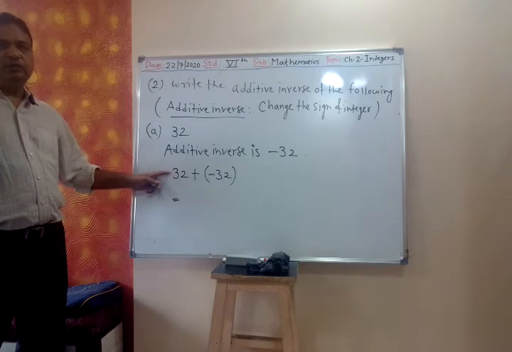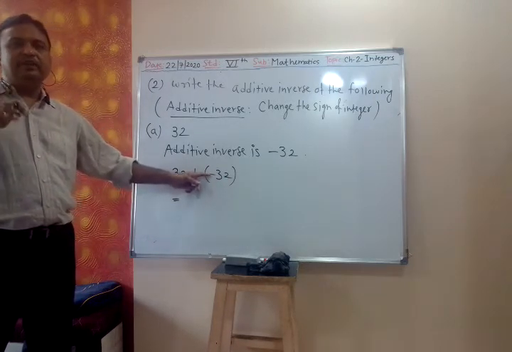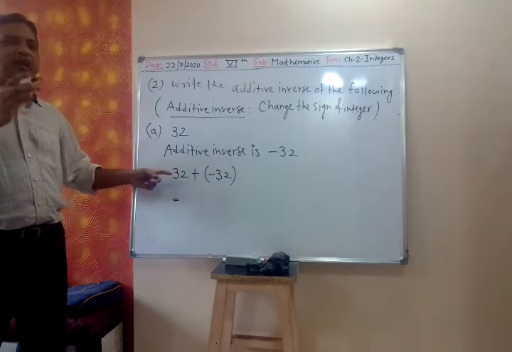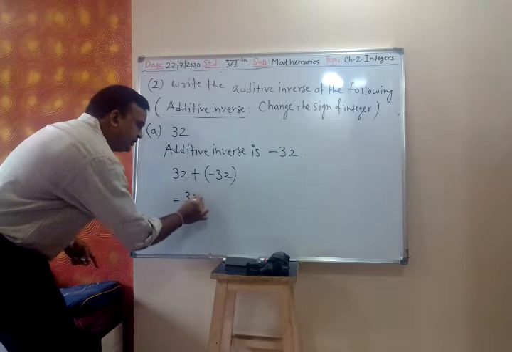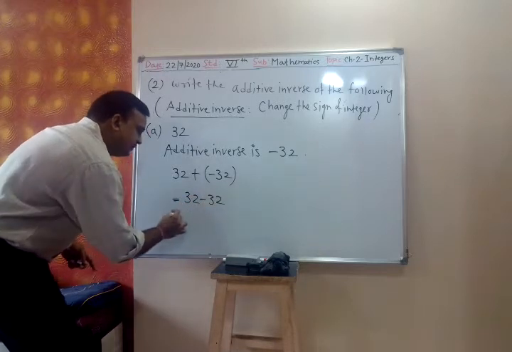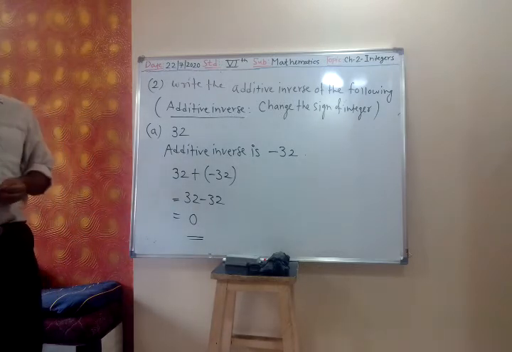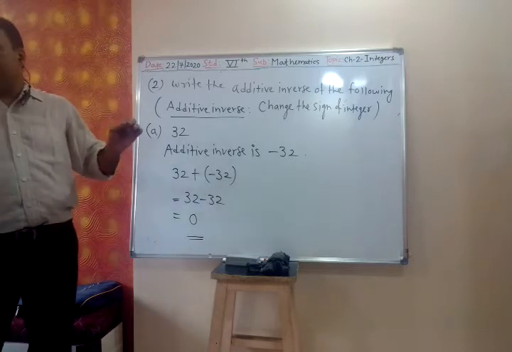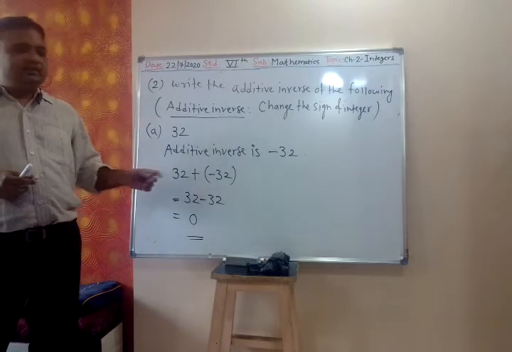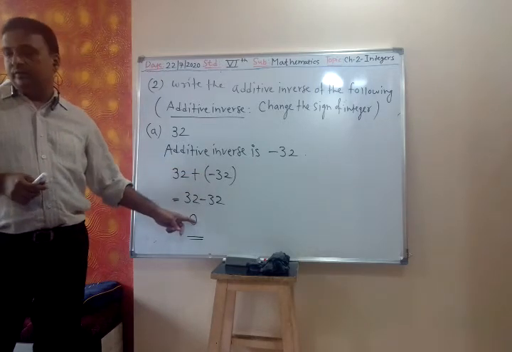And of the other? Minus. Whenever they have opposite signs, you have to subtract: 32 minus 32, and the answer is 0. Because it is given in the question, verify that the sum of an integer and its additive inverse is 0.